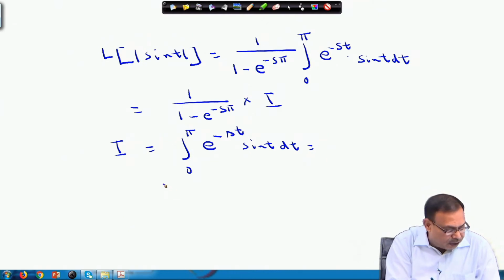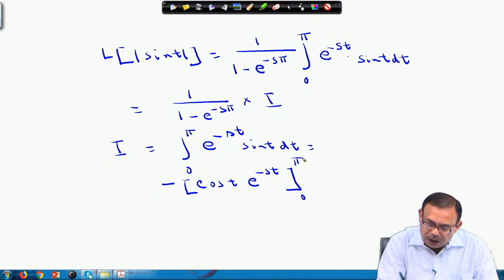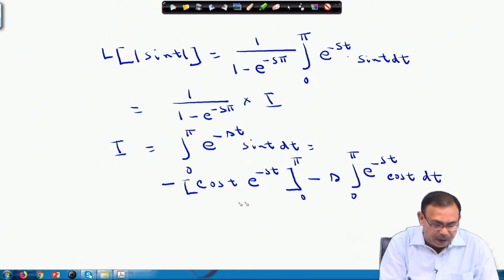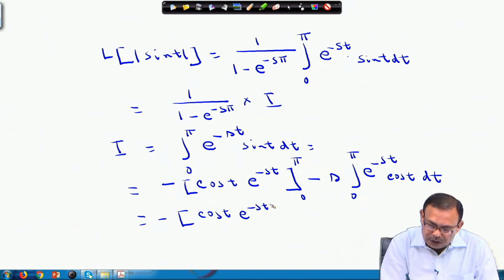This is equal to minus cos t e^(-st) from 0 to pi, using integration by parts, minus s times the integral from 0 to pi of e^(-st) cos t dt. This first value we can find from here. I am keeping it as it is: minus cos t e^(-st) from 0 to pi.